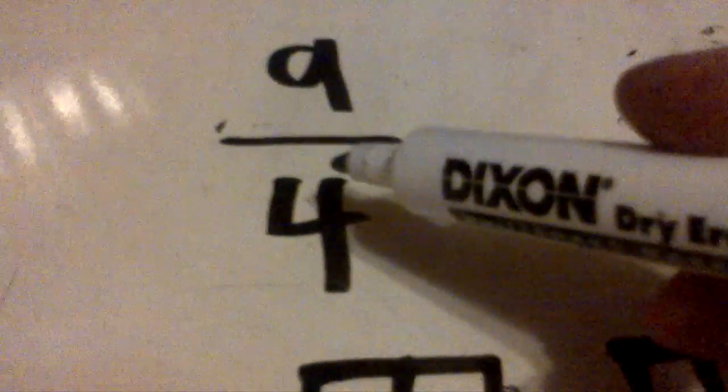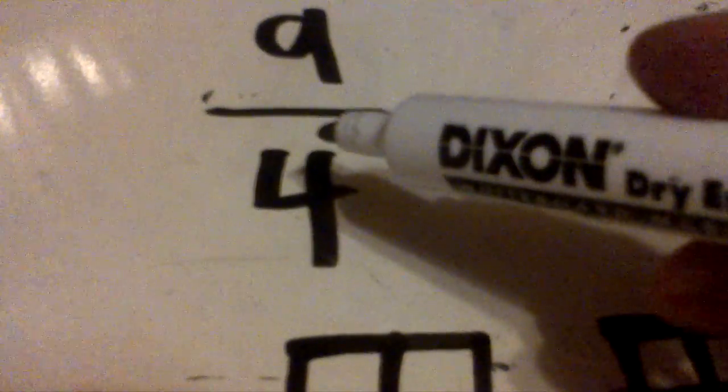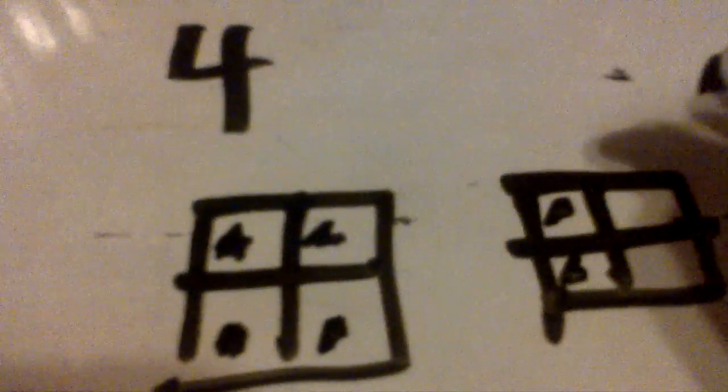When I draw my picture, I use my denominator or my whole to decide what I draw my picture up into. So in this case I have 9/4. So I'm just going to start shading the boxes, and as I shade them, I'm counting to make sure I shade in 9 of them. So there's 4, there's 8, and that's my 9th box.